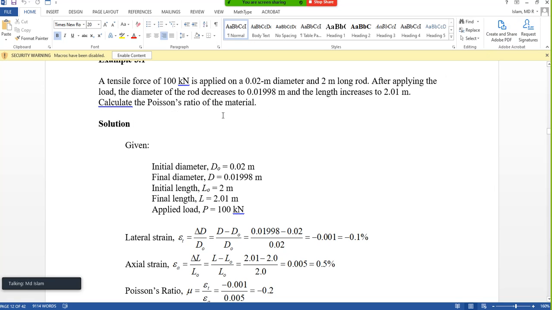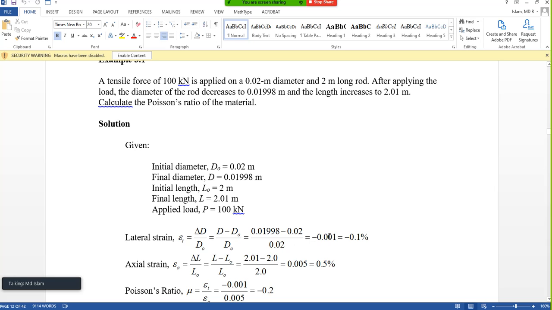Calculate the Poisson ratio. So we know Poisson ratio is the ratio of lateral strain by axial strain. So we need to find lateral strain and axial strain. Lateral strain is delta D by D naught. Final minus my original gives the change in diameter, and D naught is our original diameter.